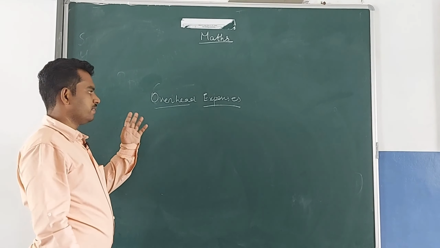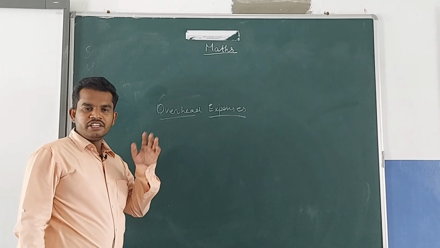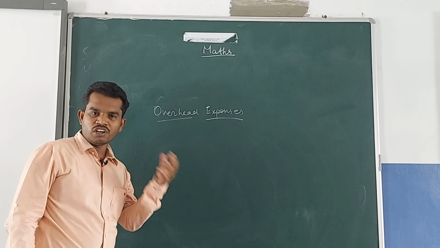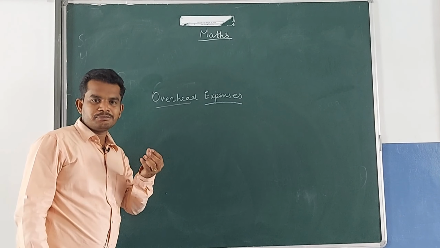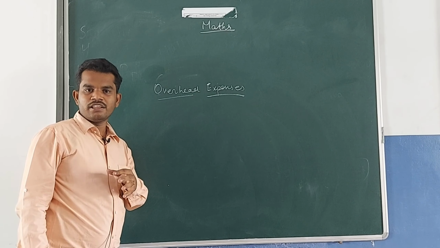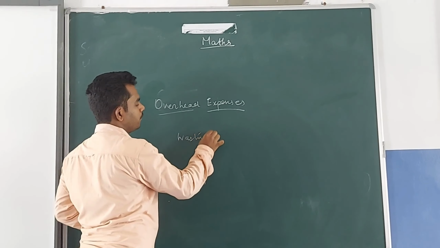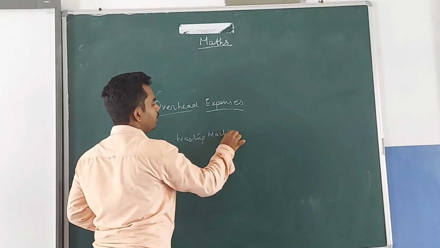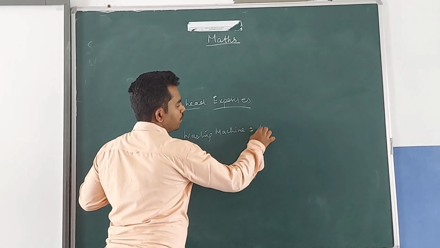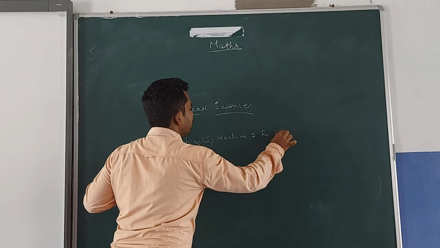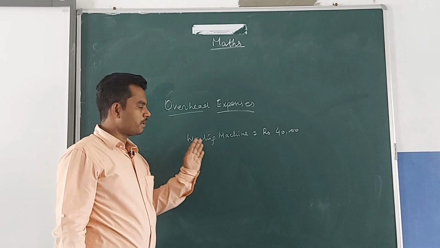What is overhead expenses? For example, in a shop we are buying some washing machine or any TV, fridge, some transportation charges may apply. For example, a washing machine, 40,000 or 30,000 means it's the original MRP price.